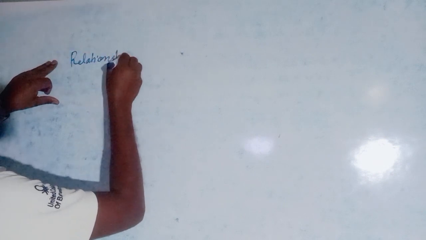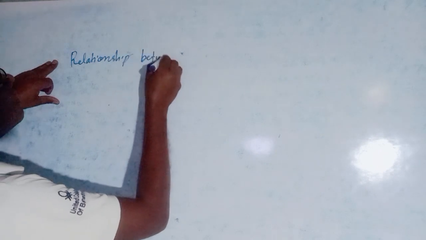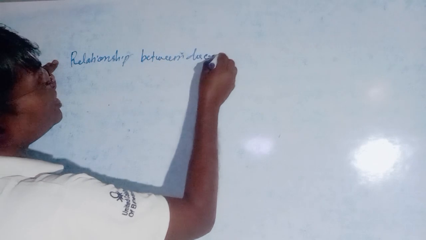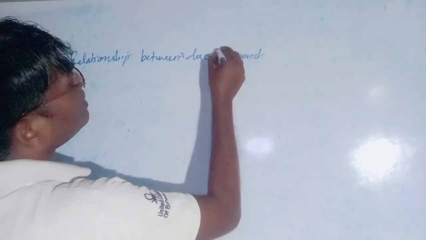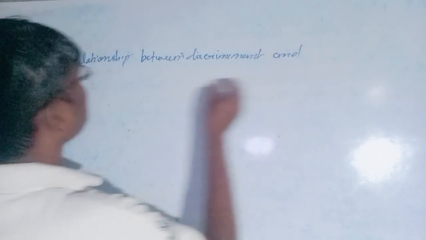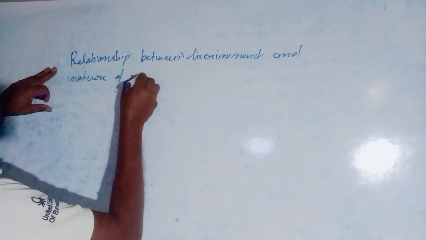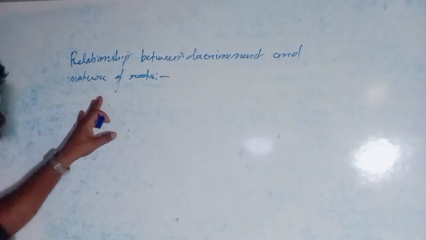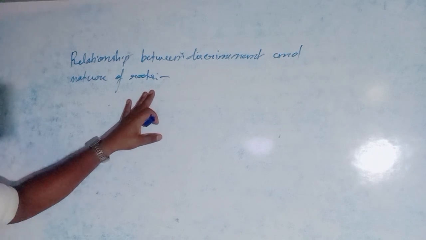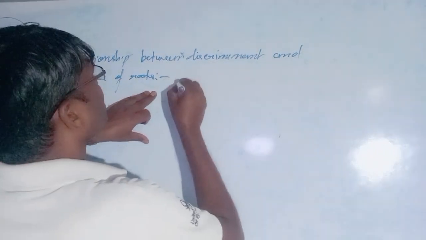Let's start with the relationship between the discriminant and the nature of roots.